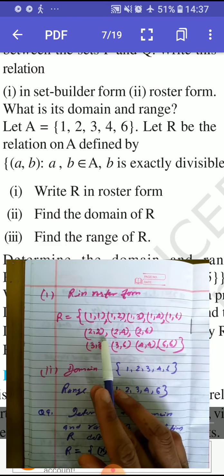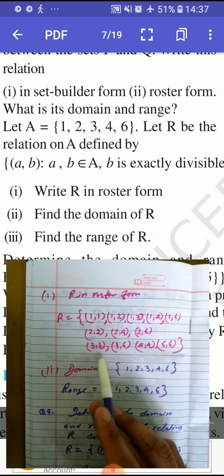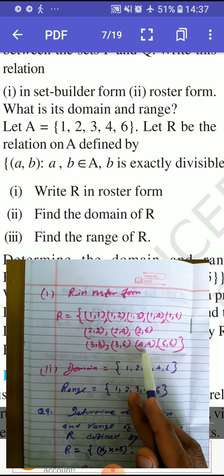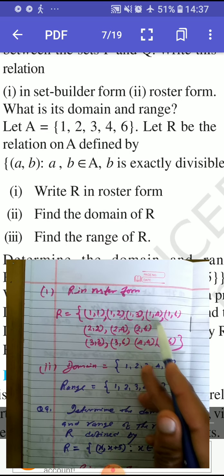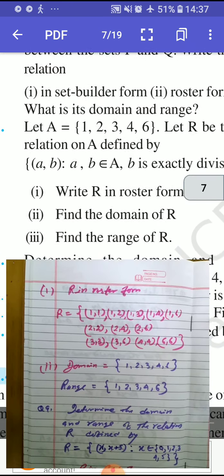Like 2 is divisible by 2, 4 is divisible by 2, 6 is divisible by 2, and 3 is divisible by 3 and 6 is divisible by 3, and 4 is divisible by 4 and 6 is divisible by 4. So this is the corresponding roster form of the given condition in question number 5.